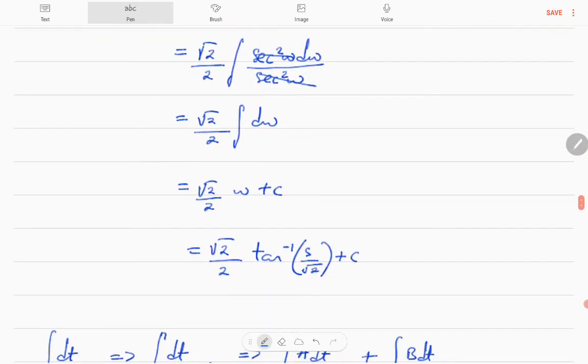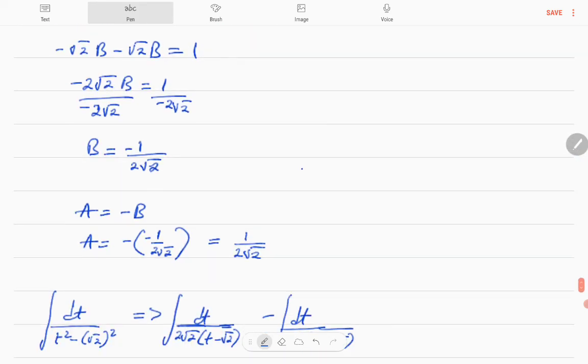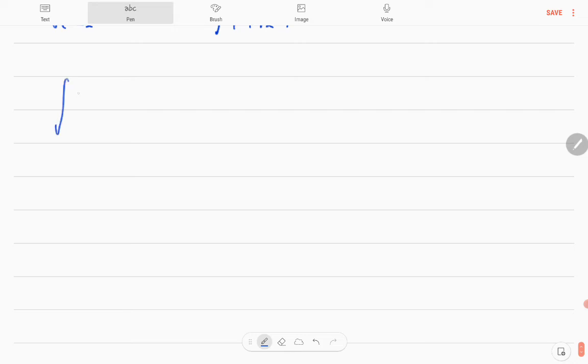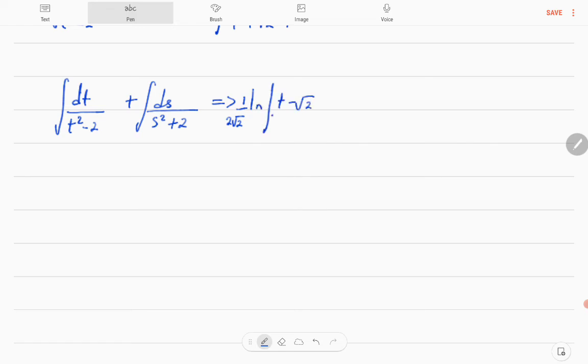So bringing it down here, I'm going to have the integral of dt divided by t squared minus 2 plus the integral of ds divided by s squared plus 2 is equal to 1 divided by 2 root 2, and then absolute value of t minus root 2 divided by t plus root 2, plus root 2 divided by 2 tan inverse of s divided by root 2, plus c.